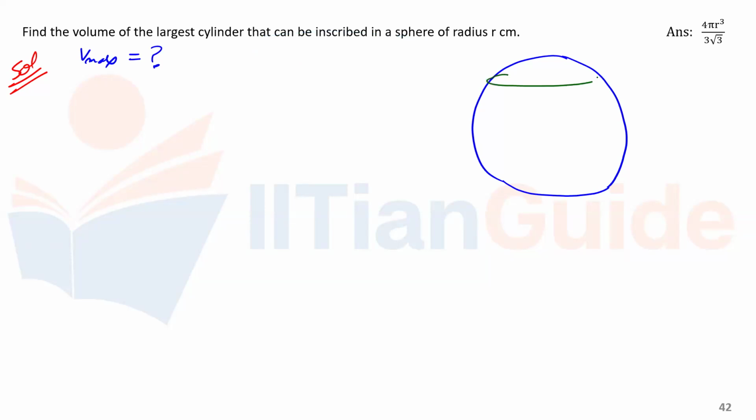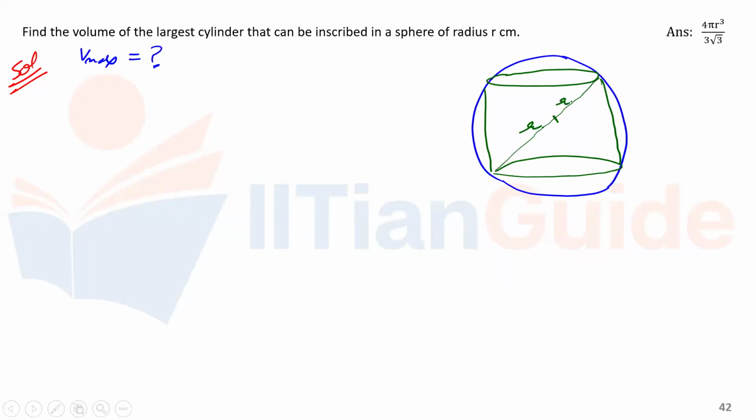I am having a cylinder inside the sphere. I will go by trigonometry. Trigonometry use करेंगे. सीधी सीधी बात है. I am having a cylinder. Okay. Cylinder की फिगर जब बनेगी तो ये ऐसे बन जाएगी. It's clear. It is the center of the sphere, and radius of the sphere they have given smaller r. Okay.